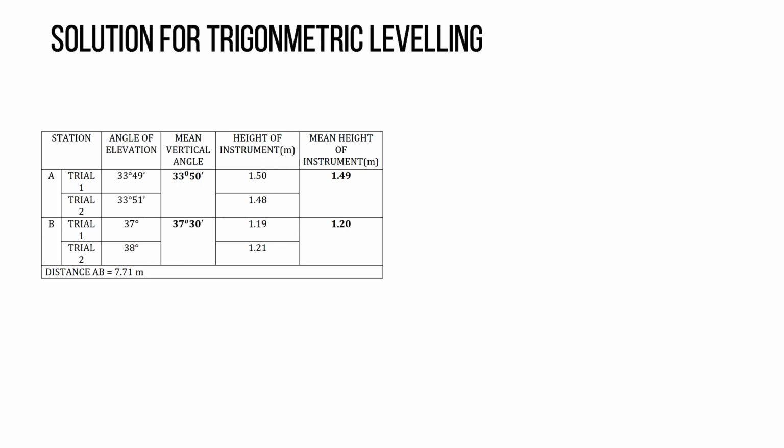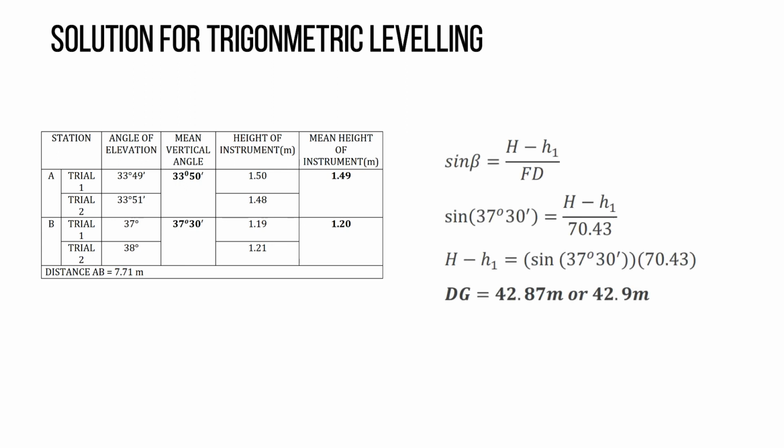And lastly, to obtain DG, which is equal to H minus H1, we need to perform another trigonometric function, but this time it is a sine function. So the formula will be sine beta is equal to H minus H1 over FD, and by substitution, sine 37 degrees 30 minutes is equal to H minus H1 over 70.43.